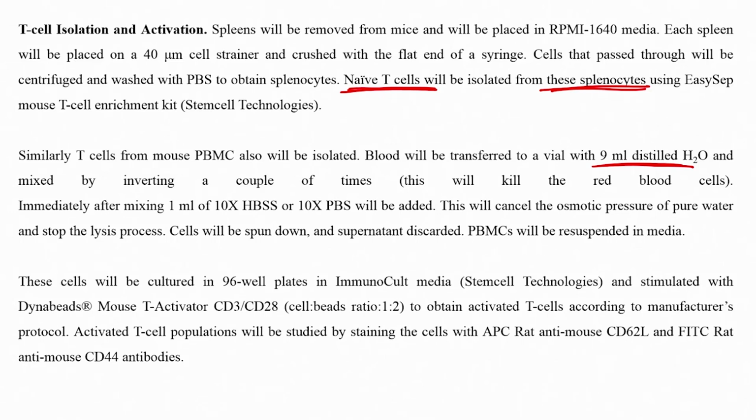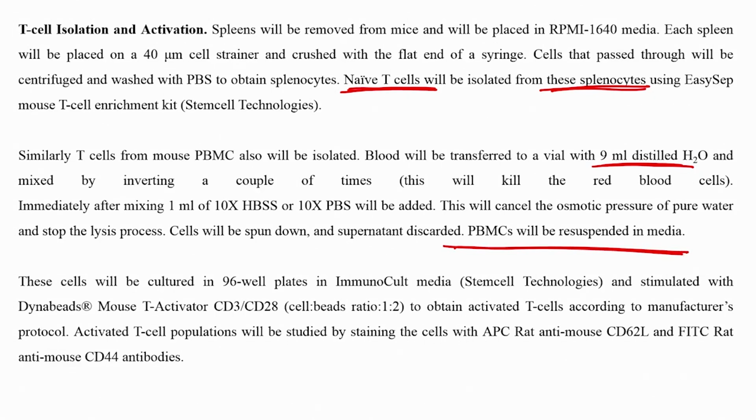This will kill the red blood cells. Immediately after mixing, 1 ml of 10x HBSS or 10x PBS will be added. This will cancel the osmotic pressure of pure water and stop the lysis process. Cells will be spun down and supernatant discarded. PBMCs will be resuspended in the media.